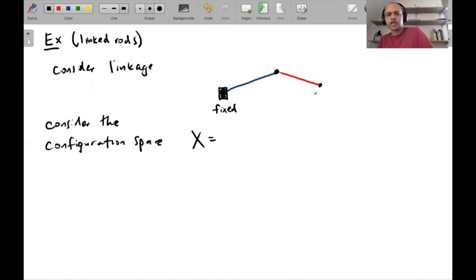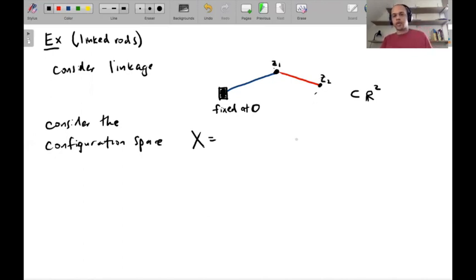And the configuration space just tracks all of the different possible positions for the linkage. So this endpoint here is fixed. Let's say it's fixed at the origin. So we're working in R2. And we have the position of this one endpoint of the blue rod, Z1, and then there's this endpoint of the red rod, Z2.